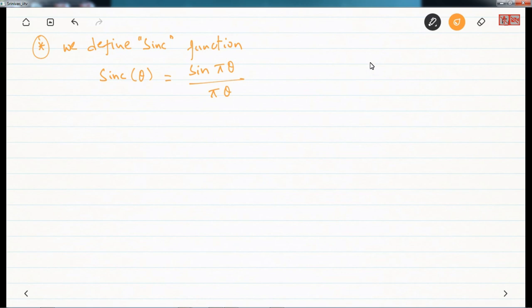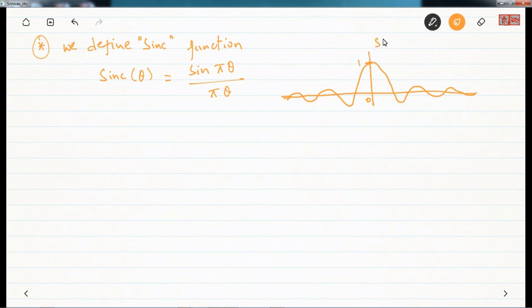If some of you know the software MATLAB, you can plot it. It extends from minus infinity to plus infinity. It is a symmetric signal around 0 and its peak value is equal to 1.